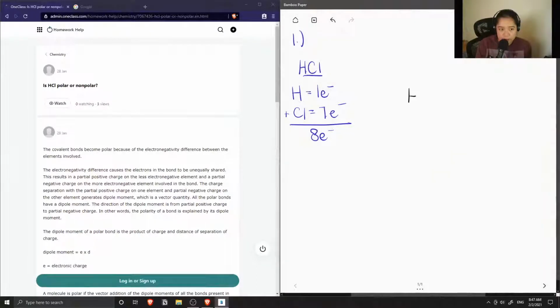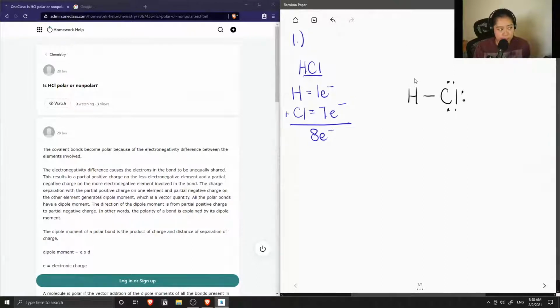So if we drew a single bond between hydrogen and chlorine, and then also added all of the lone pairs on the chlorine, and counted how many electrons we've had so far, where each bond contains 2 bonding electrons, you can see that we have our 8 electrons already drawn.